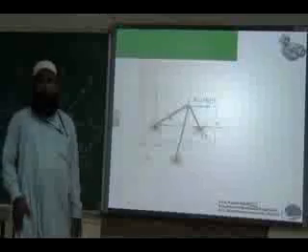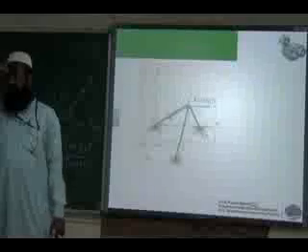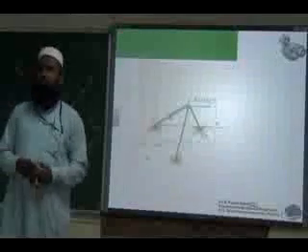So the first step is to find the position vector of AB. Because if you resolve it and want to represent it in the vector form, you should know the position vector. Then, if you remember the problem which we did in our previous lecture class, first we find the position vector, then the unit vector, multiply the magnitude by the unit vector, and you will get the Cartesian vector form of the particular force.